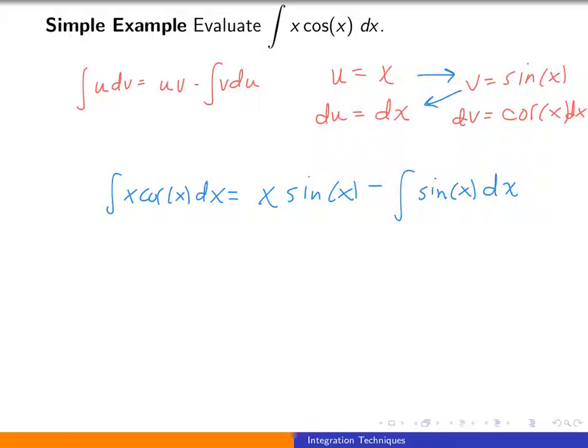So once again, integration by parts has not solved this integral for us, but what it has done is taken this original integral, which is maybe difficult to evaluate, and expressed it in terms of a much simpler, easy to evaluate integral. So the x sine x carries down. If we think of that minus sign as being inside the antiderivative, the integral of minus sine would be positive cosine, plus constant of integration. And this shows a very simple yet typical application of integration by parts.